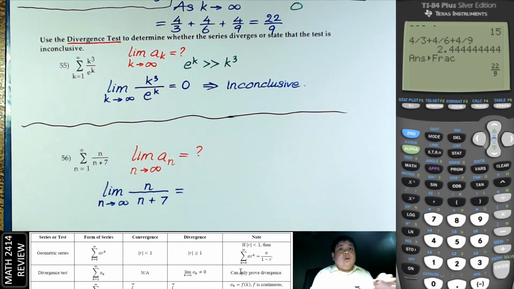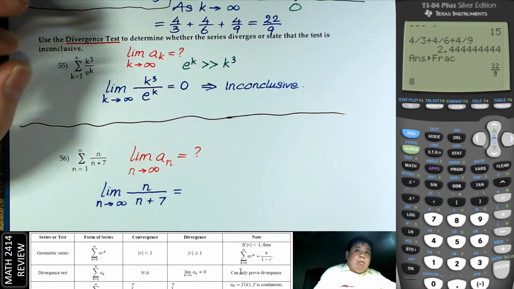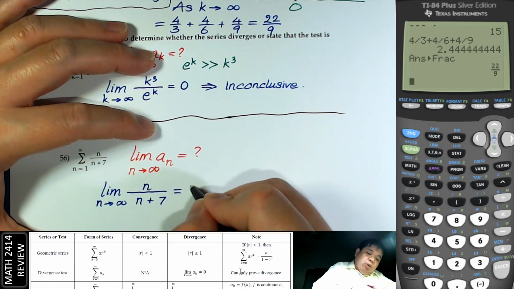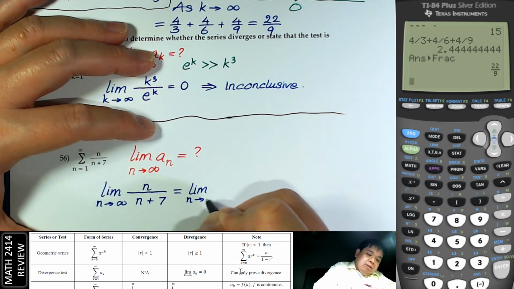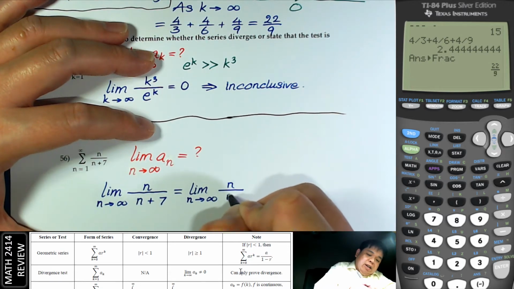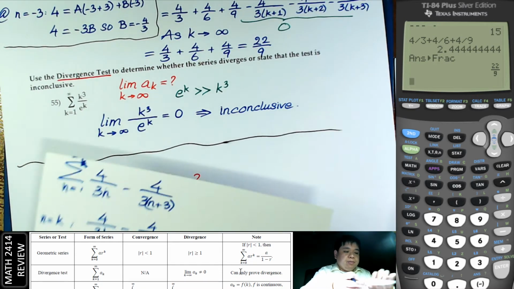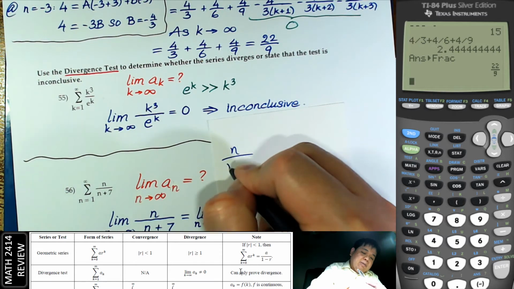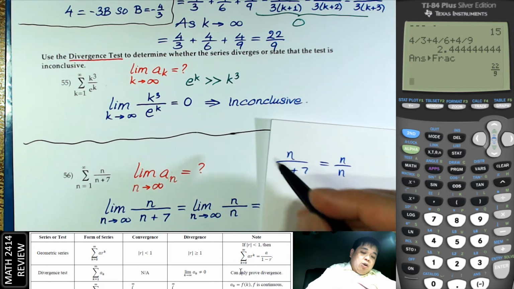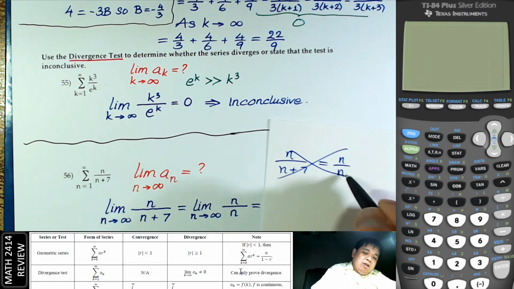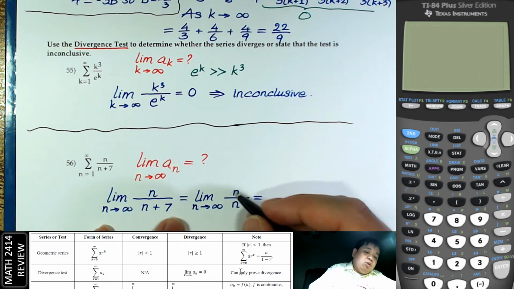Right, n goes to infinity, infinity plus 7, still infinity. So what I'm saying here is that as n goes to infinity, the plus 7 is negligible. So we just have n over n, pretty much. The limit is equal to that. It would be wrong if we say n over n plus 7 equals n over n. The reason we can write they are equal is because of the limit. So this is wrong. With the limit, it will be correct. Right, the n over n is 1, so this is just 1.